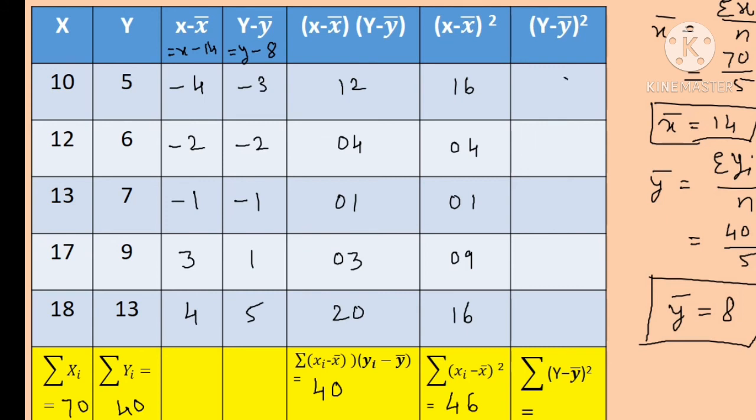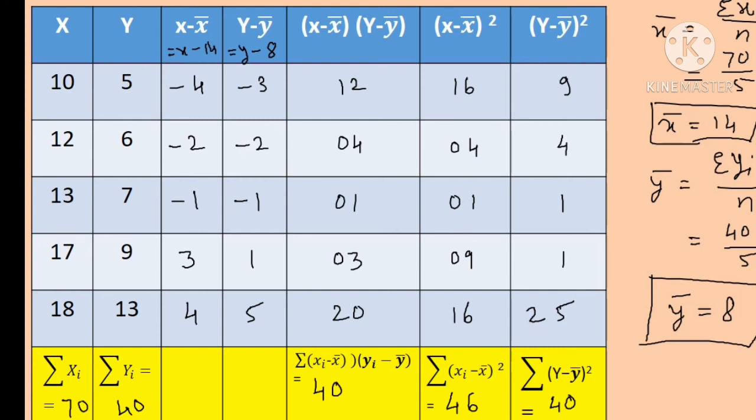So minus 3 square is 9, minus 2 square is 4, 1, 1, 5 square is 25. So 25 plus 1 is 26, 27 plus 4 is 31, 31 plus 9 is 40. Okay, so these are the values that we have calculated from the table. Now we have to just substitute in the formula.